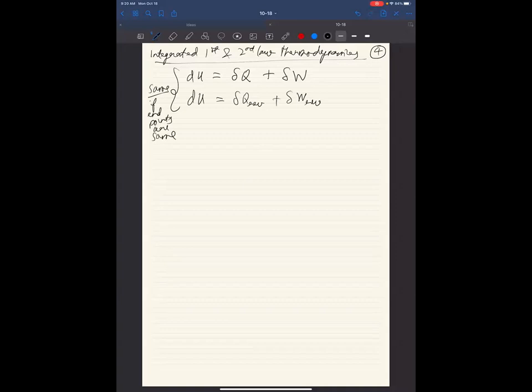Let's call this equation number 5, and let's call this equation number 6. If equations 5 and 6 are the same, then in equation 6 we can do further substitutions. Let's say we are doing only pressure-volume work. Then what can we say about delta W reversible?